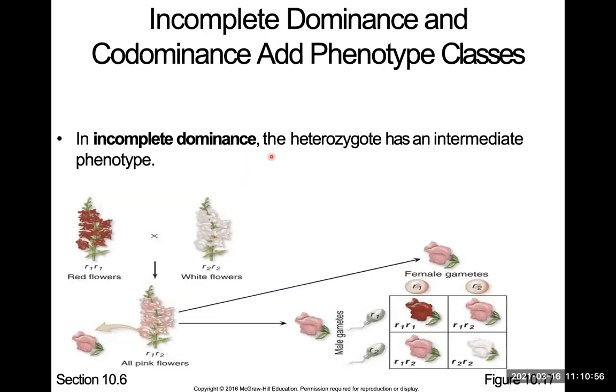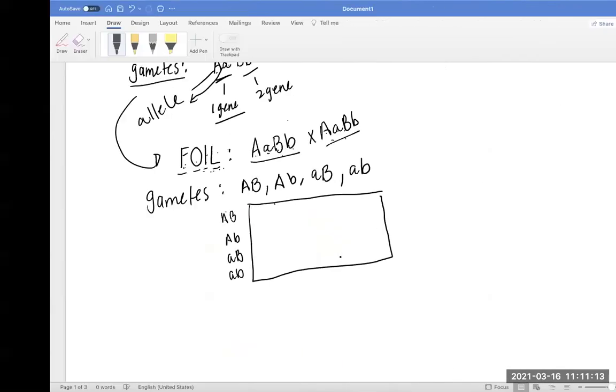So let me give you one example for this. In incomplete dominance, the heterozygous has an intermediate phenotype. So what does this mean? I'm going to do an example, and we'll come back to this example after I show you what's going on. I don't like the way they labeled it, so I'm going to use different labels.